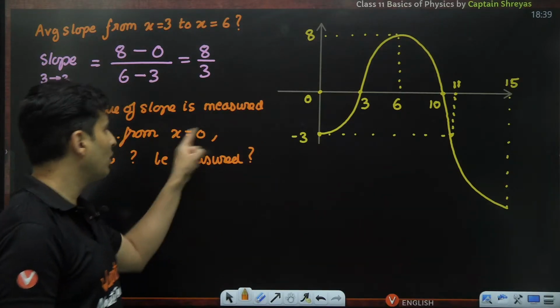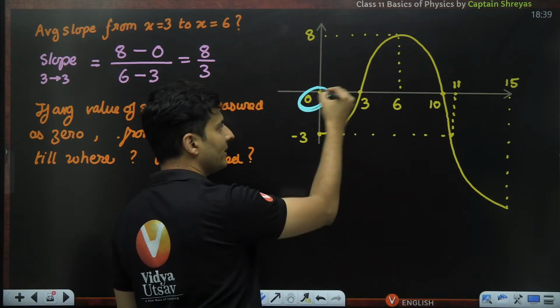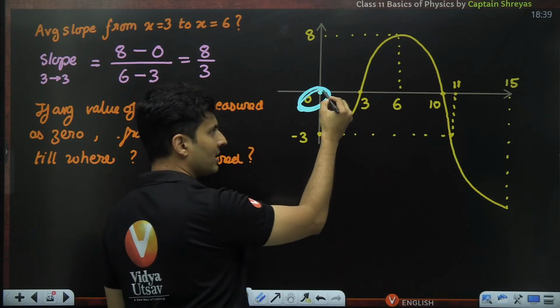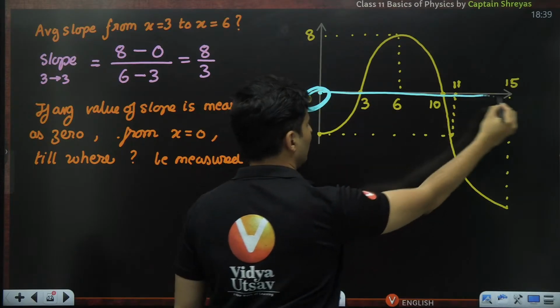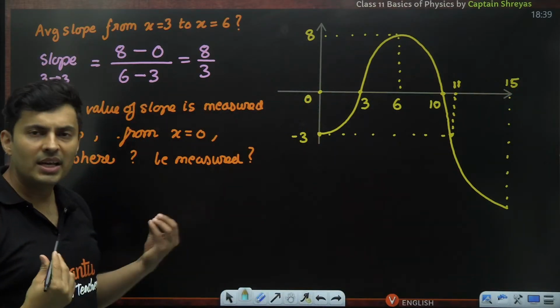So it is starting from x equals to 0. So think about it. X equals to 0 means over here. So from x equals to 0, where should you measure it so that the average value will be 0?